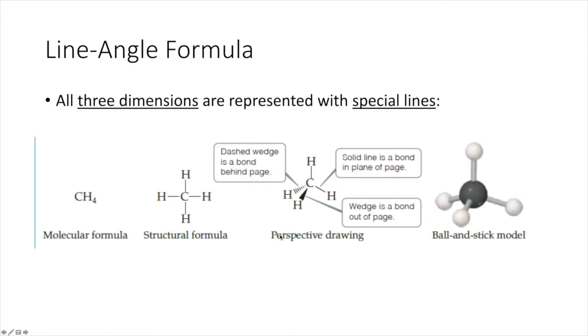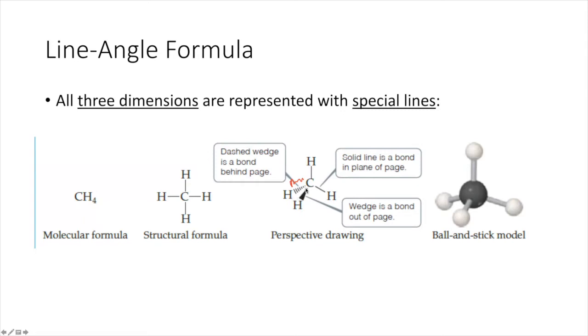All right, one other traditional way to represent bonds in line angle formulas also takes into account the 3-dimensional arrangement. So all 3 dimensions can be represented with special lines. Those lines look like this. We have methane here as an example. Sometimes, if it's drawn freehand instead of printed, instead of a dashed line it might look like a squiggly line. The idea is the same: it's meant to represent a bond that's going into the page, away from you.